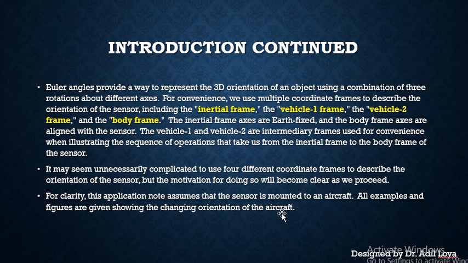So with the movement of the sensors, the body frame references do change. Vehicle 1 and vehicle 2 are the intermediary frames used for convenience when illustrating the sequence of operations that takes us from the inertial to the body frame. So while changing from the inertial to the body frame, you use a vehicle 1 frame or a vehicle 2 frame.